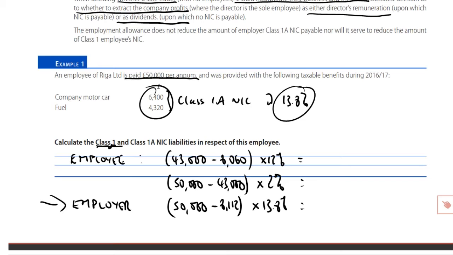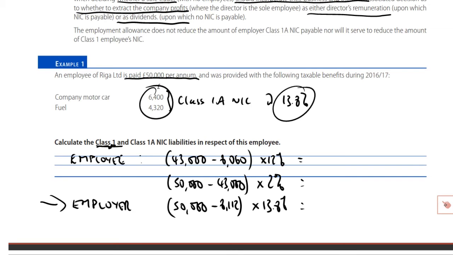So again, be very careful. If they tell you about all of the employees, maybe there are 2 employees and we've got to work out what the overall costs are in terms of NICs, then you would be able to deduct from the Class 1 employers' NICs the employment allowance of £3,000. Obviously, it's not specifically deductible in relation to one employee.